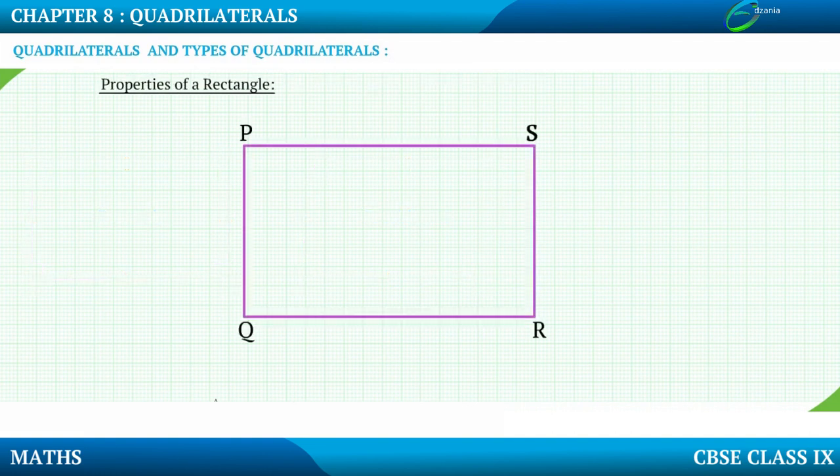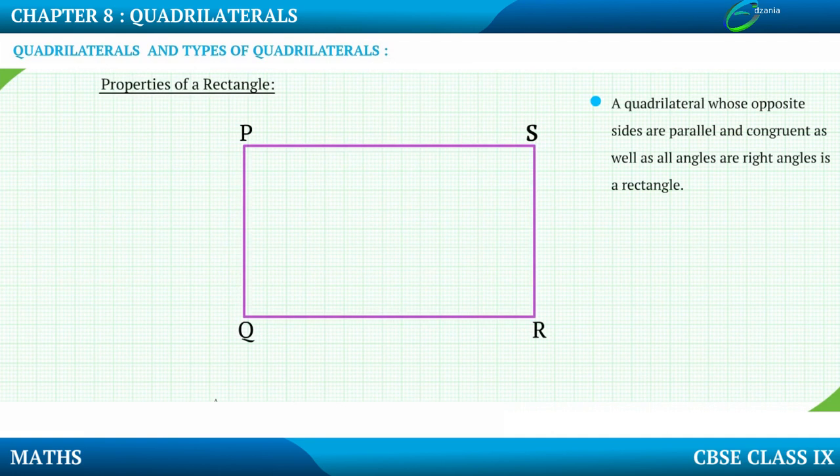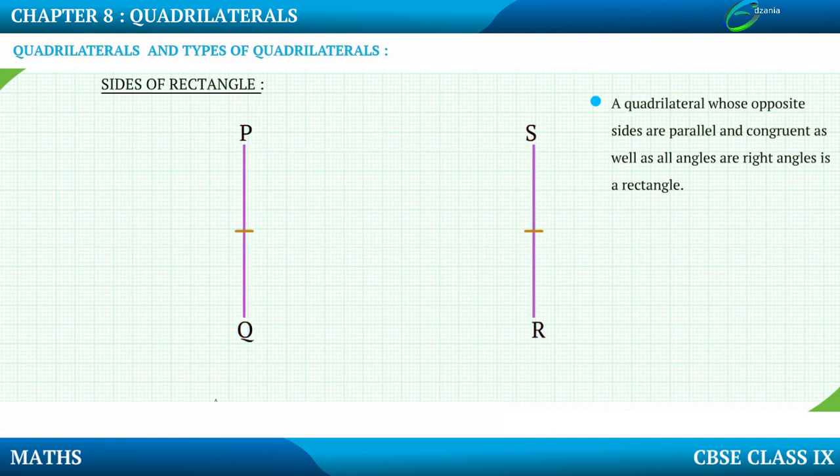Properties of a rectangle. A quadrilateral whose opposite sides are parallel and congruent, as well as all the angles are right angles, is a rectangle. Sides of a rectangle. PQ and RS is the first pair of opposite sides, while QR and PS is the second pair of opposite sides.